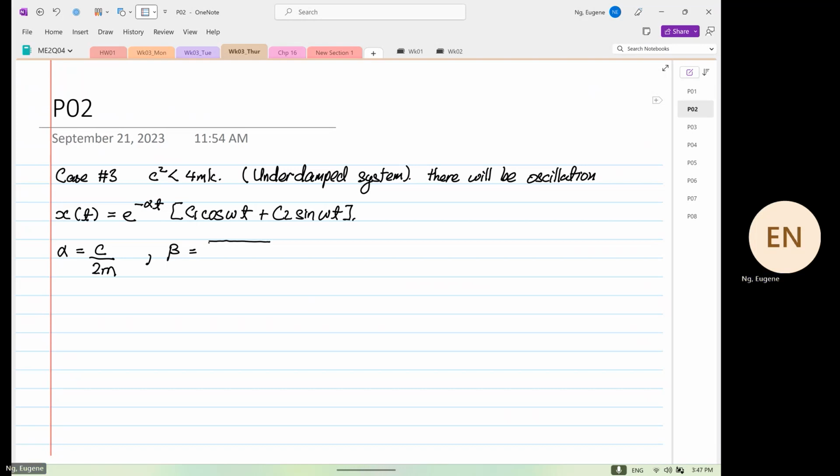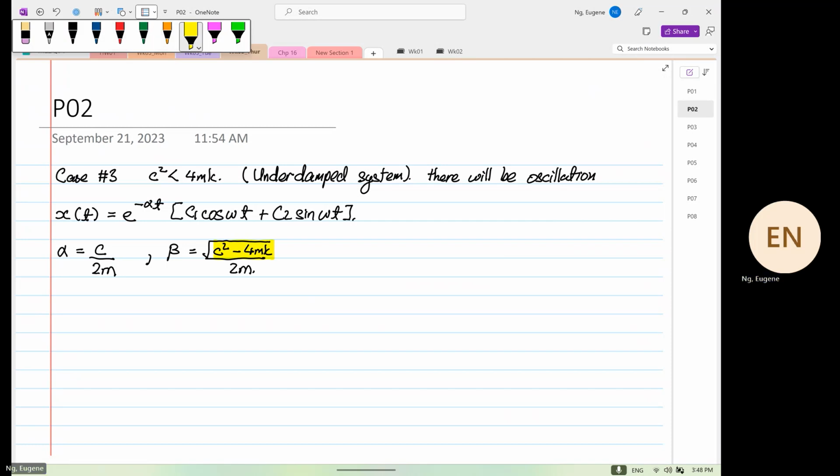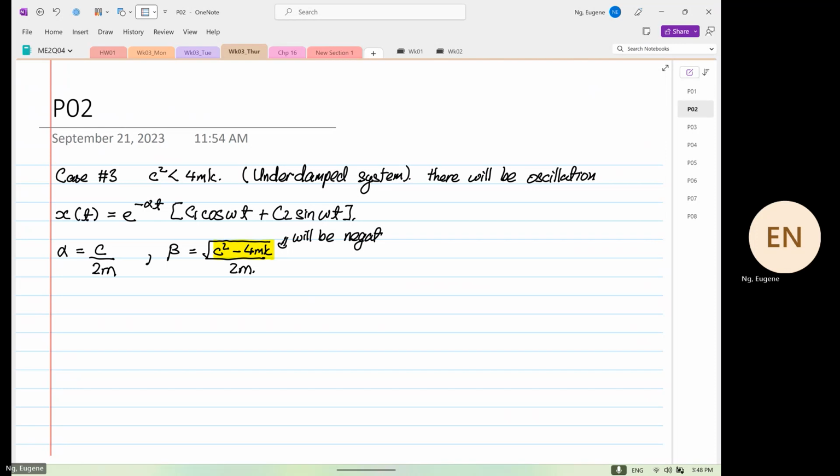Equal to c squared minus 4mk divided by 2m. The problem comes with this now. This value over here that I'm going to highlight in yellow will be what? Negative.